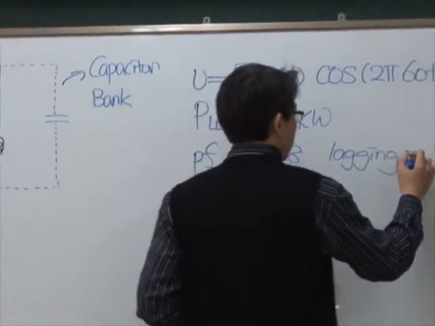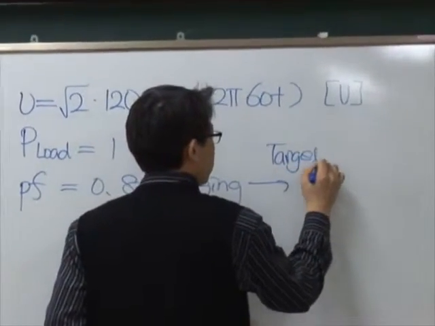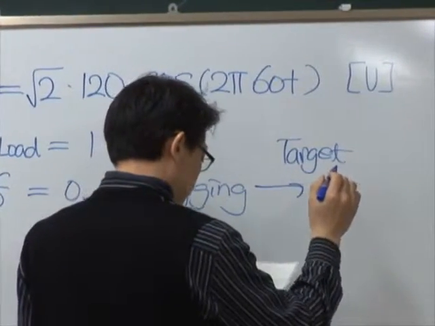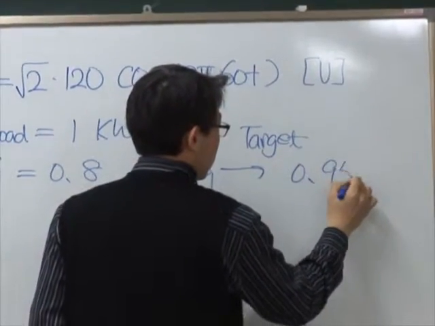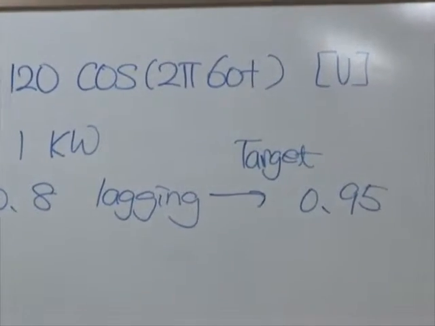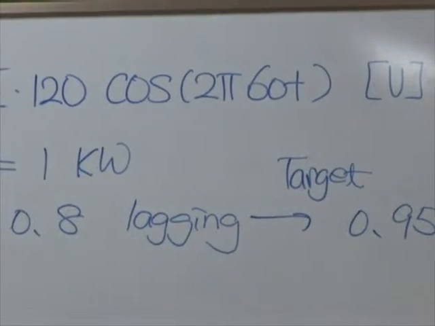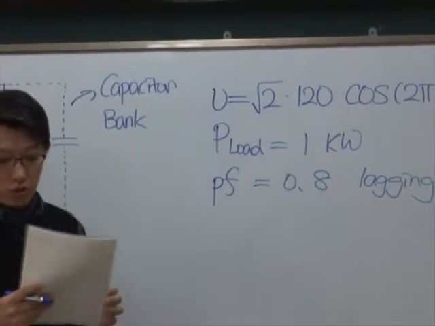So the target is 0.95. Okay, we would like to make it 0.95 by installing a capacitor bank. That's our goal.